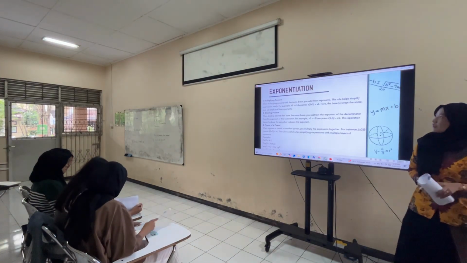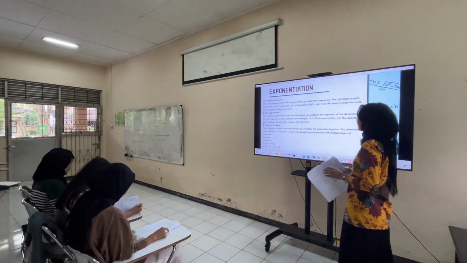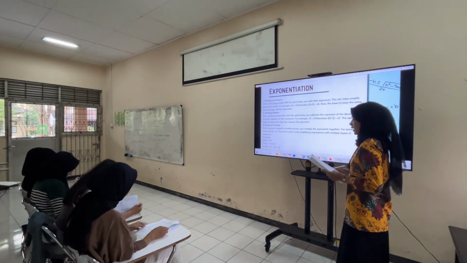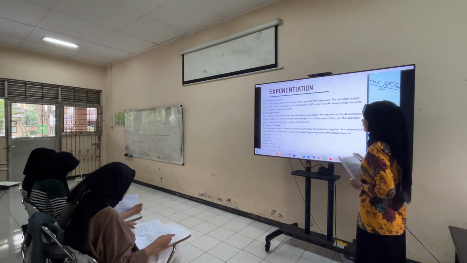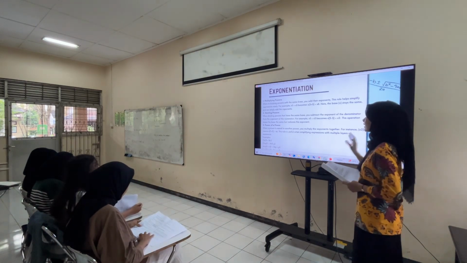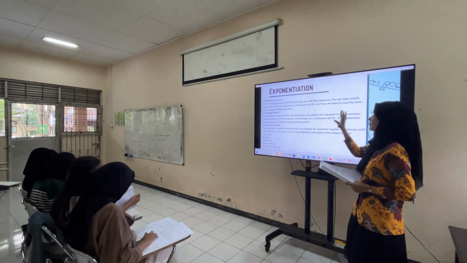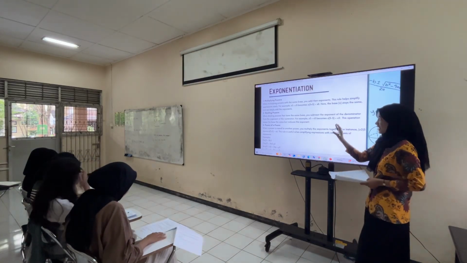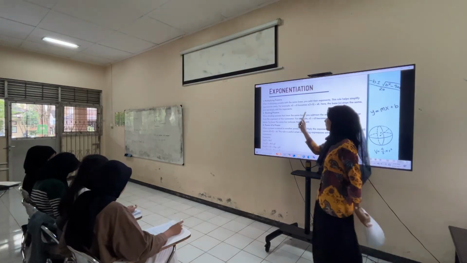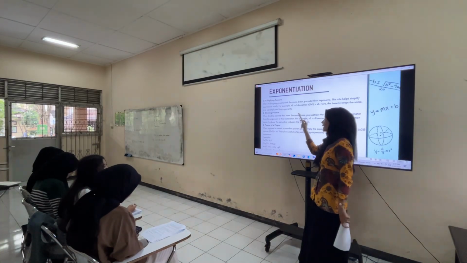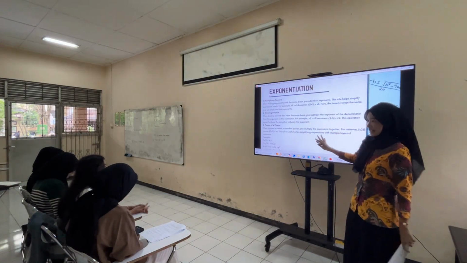And then it's about exponentiation. Exponentiation is a way to show repeated multiplication. The first kind of exponentiation is multiplying powers. When multiplying powers with the same base, you add their exponents.